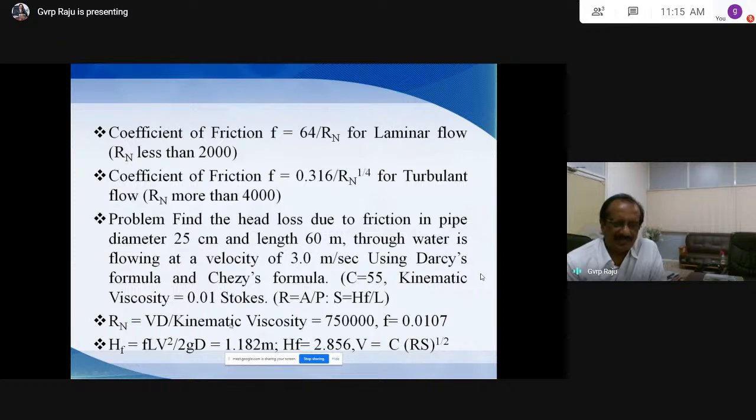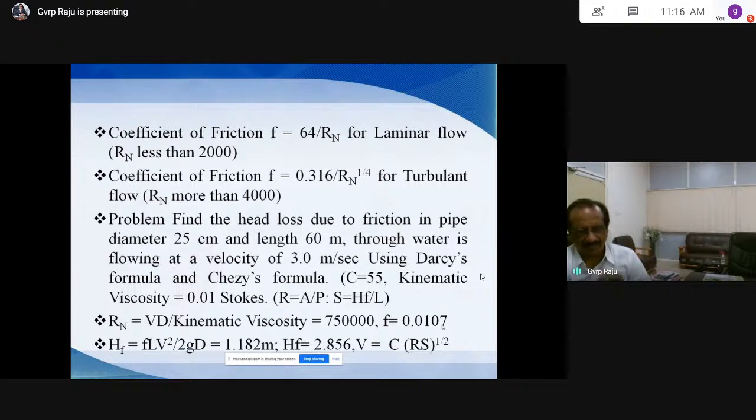So when the Reynolds number is more than 4000, what is f here? f is equal to 0.316 by Rn to the power of 1 by 4, where Rn is 750,000. So f is equal to 0.316 by 750,000 to the power of 1 by 4. If you solve that, f is equal to 0.0107.